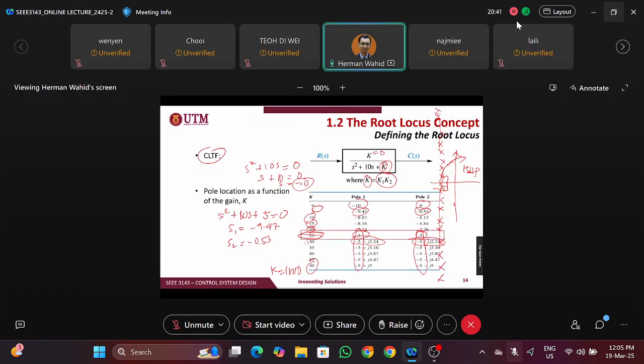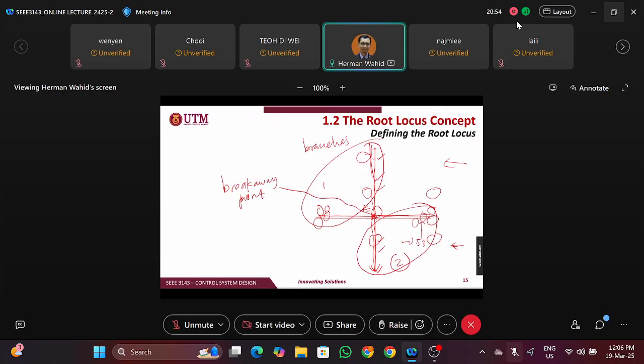At one point, at k equal to 25, the poles are located at the same place, which is -5 and -5. After -5, the closed loop poles will break away. One goes to the upper side, the other goes to the downside.